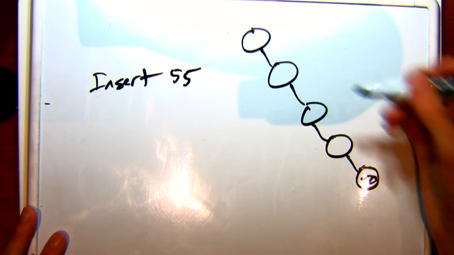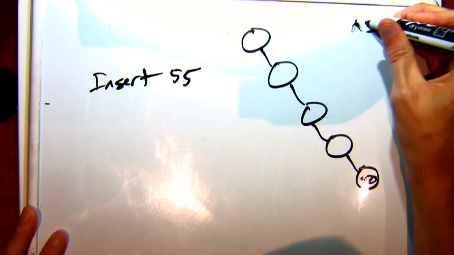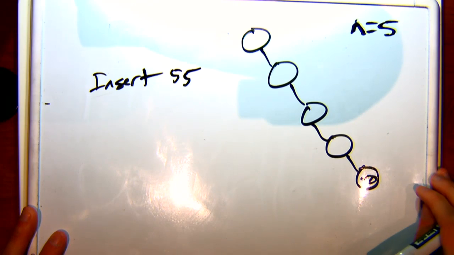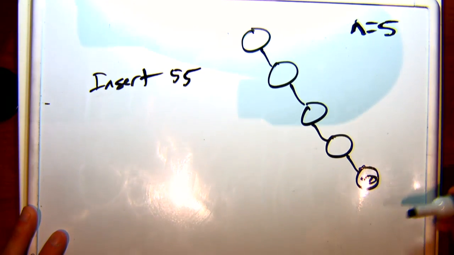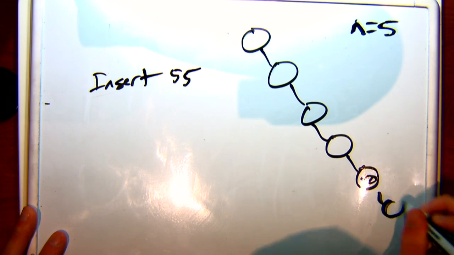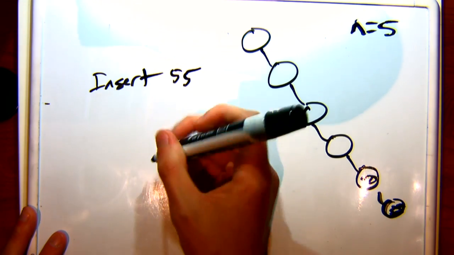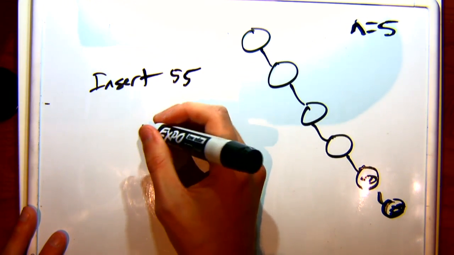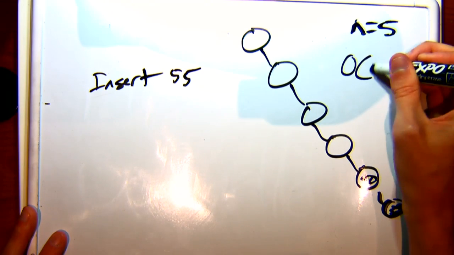We have n equals 5 nodes, and it's going to take 5 steps to get down to that node so that we can insert 55, which we would say is order n.